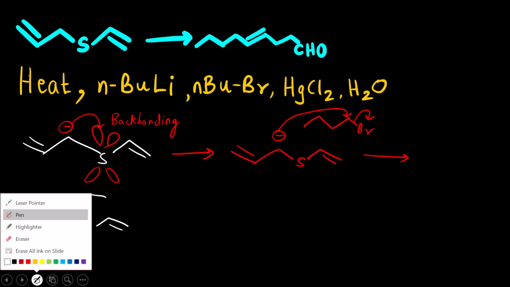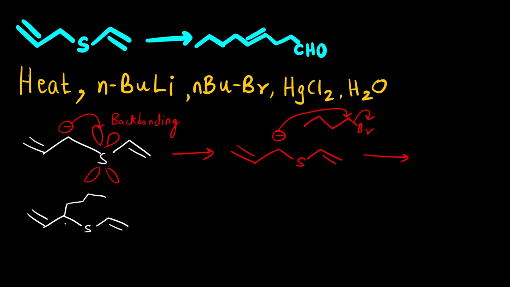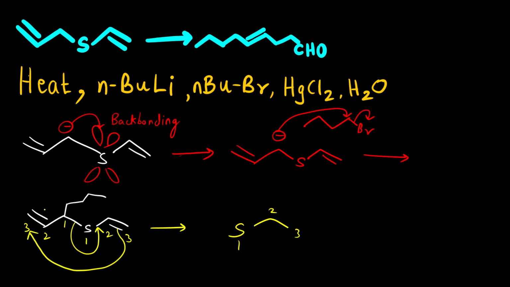Now we will do the 3,3 sigmatropic shift. So 1 2 3, 1 2 and 3. We start from sulfur, which is 1, 2 and 3. One bond will break like this, a new sigma bond is formed between 3 and 3, and this will shift here.